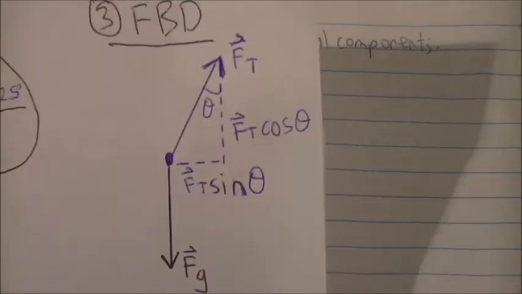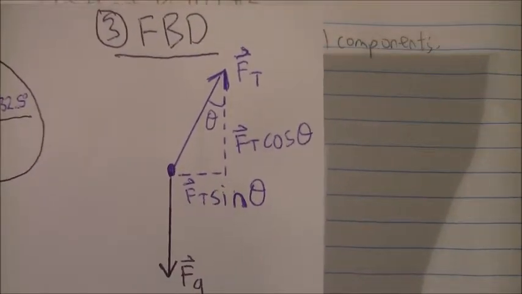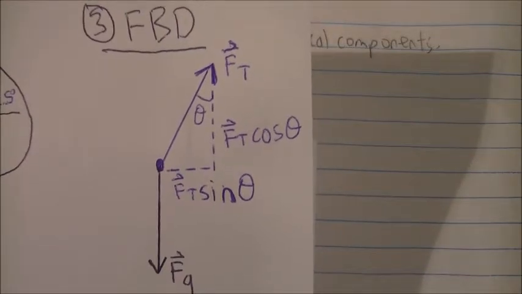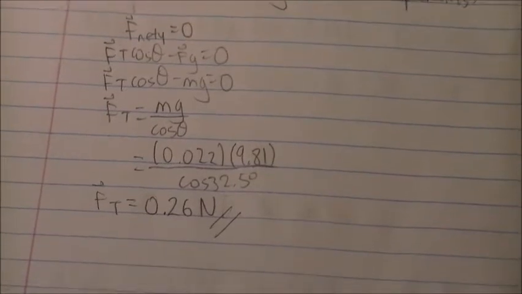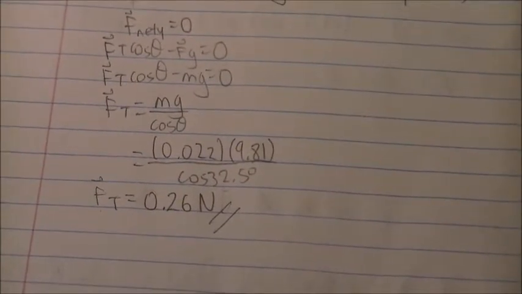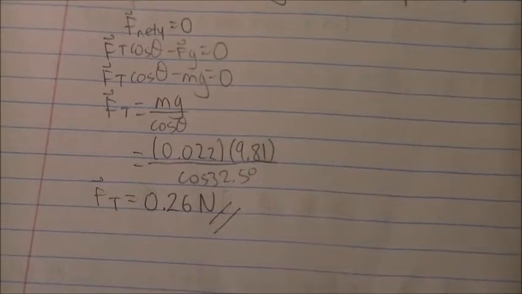And the forces acting in the vertical direction, as shown in our FBD, are Ft cos theta and Fg. So we plug that into the equation and isolate for Ft, giving us Ft equals mg divided by cos theta.